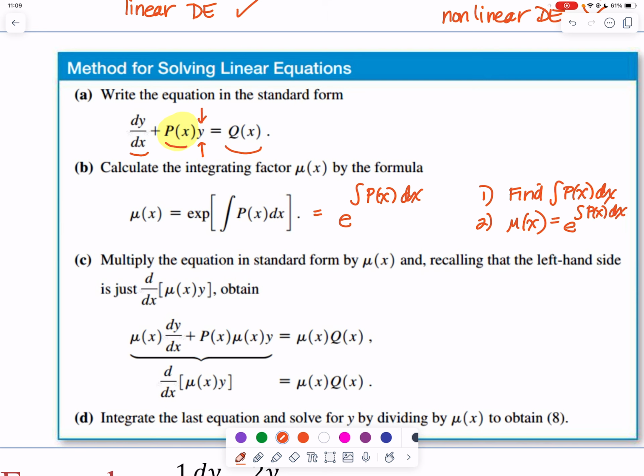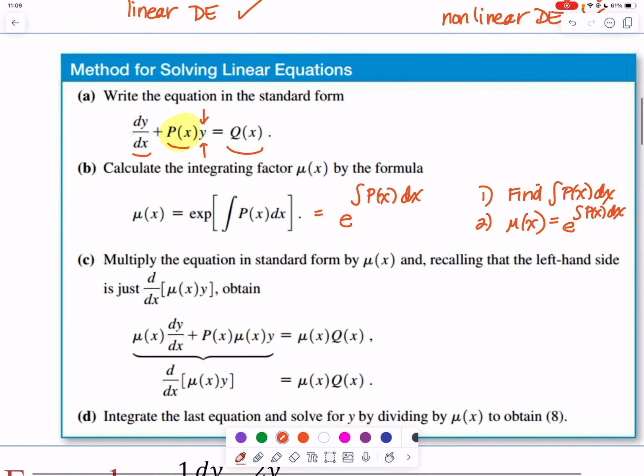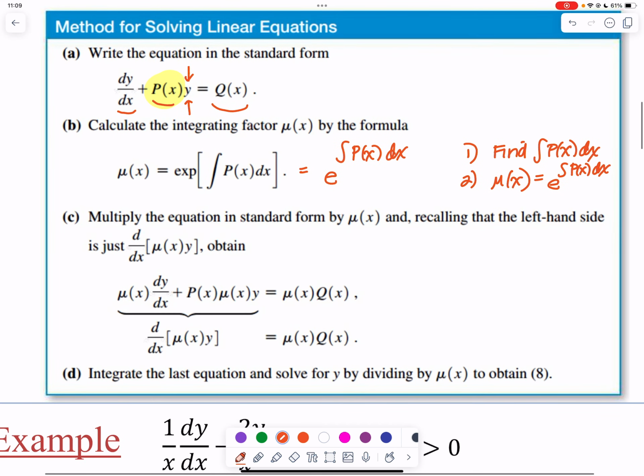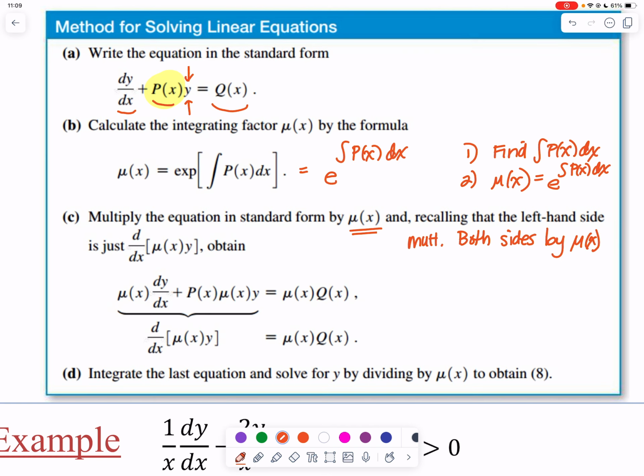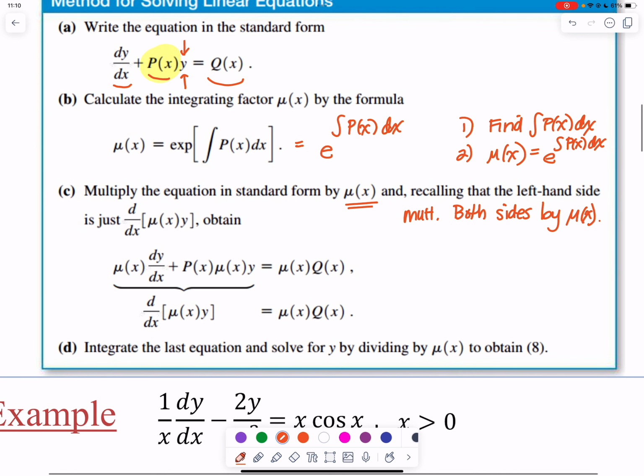And then, of course, we will define mu of x as e to the integral of p of x dx, okay? And what you will notice is after we multiply the equation by mu of x, so we will multiply both sides by mu of x, what you're going to find is that left-hand side is simply going to be the derivative of mu of x multiplied by y. This is the product rule.